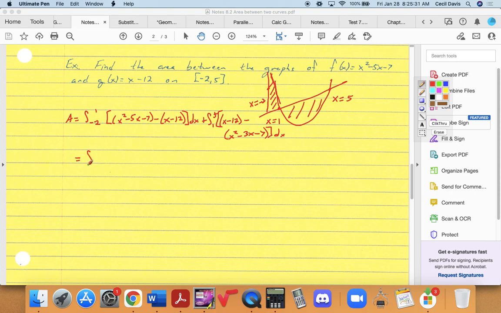So this is going to be the integral from negative 2 to 1 of x squared minus 6x plus 5 dx, plus, what did we get on the last one? 10 2/3?